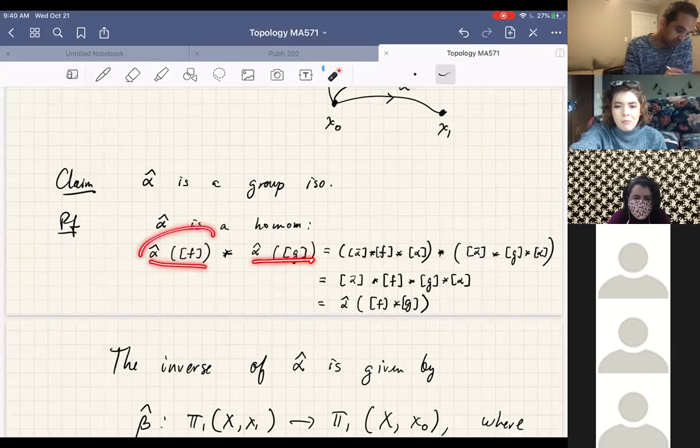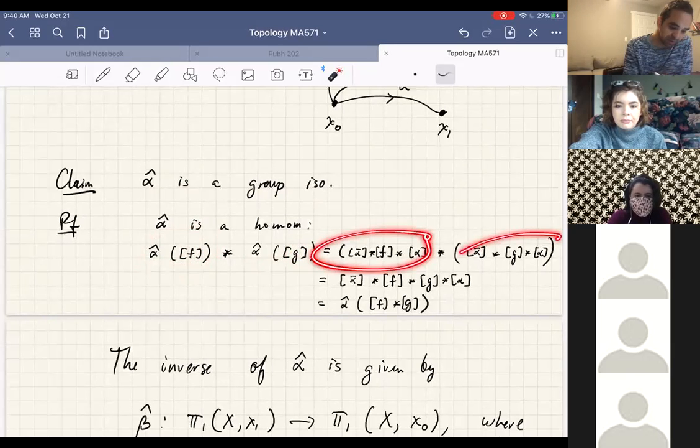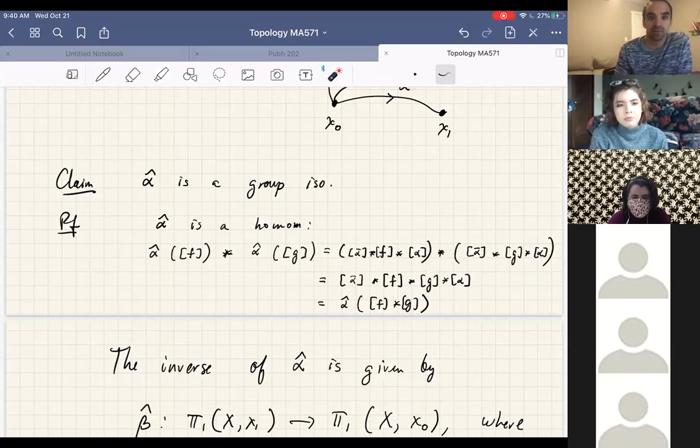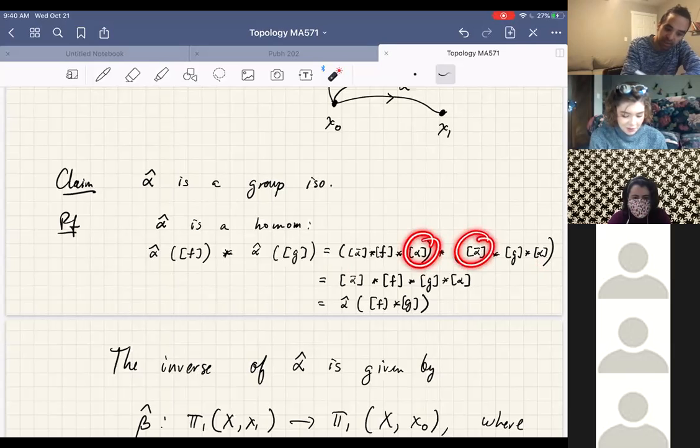Then by definition, alpha hat of f is given by that conjugation, and alpha hat of g is given by that conjugation. But now star is associative, right? So I can just forget about these parentheses because it's associative. I can multiply in whatever order I want. And I get that these and these cancel.